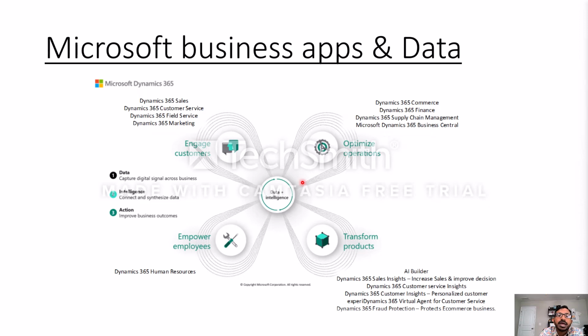Those kinds of capabilities are inbuilt within the Dynamics 365 product. So this loop is going to help you understand that data is the key. With that key, you can open a new world altogether by using all of these applications.